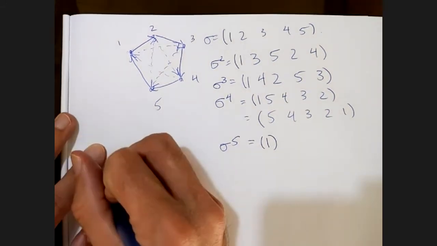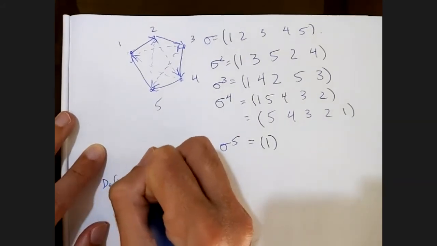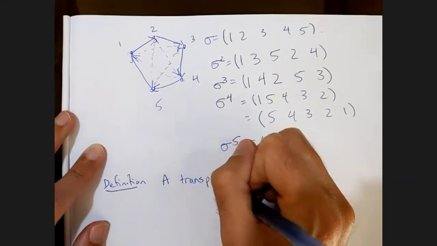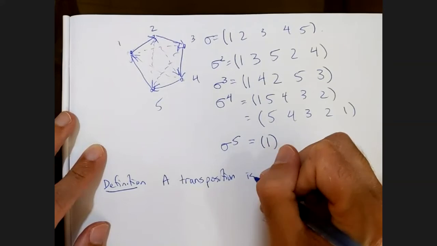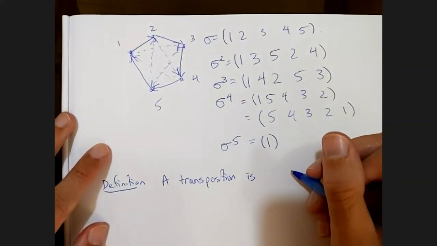We have this definition: a transposition is just another name for a two cycle.